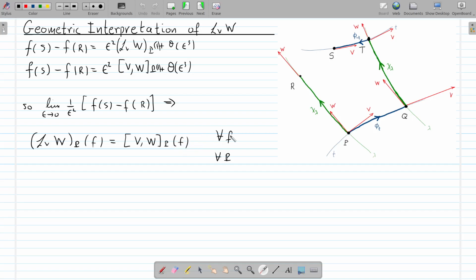This is true for any function f, and we can do the same construction around any point P. Therefore, this relation holds at all points P. And the vector fields on the left-hand side and the right-hand side are equal.